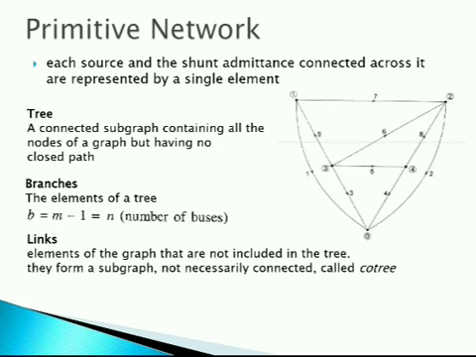Now in order to understand the primitive network, there are certain terminologies you should be aware of. The first is called the tree. A tree is a connected subgraph, that is, a graph inside a graph, that contains all the nodes of the graph but has no closed path.